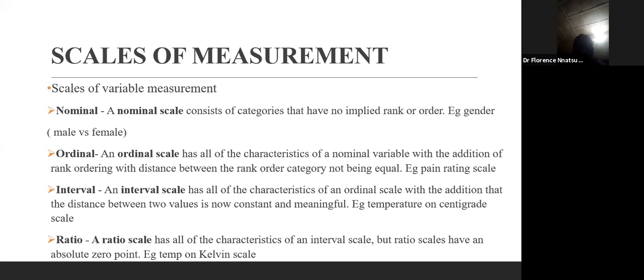Then ordinal scale. Ordinal scale is ranked, named, and grouped. It is being observed. It is either qualitative or quantitative. Example of ordinal scale is, how satisfied are you with a particular product in a pharmaceutical industry?